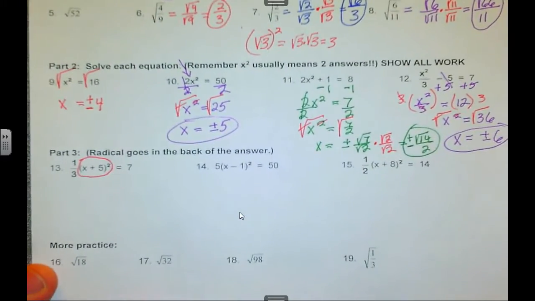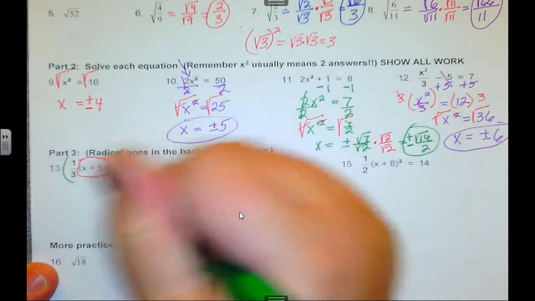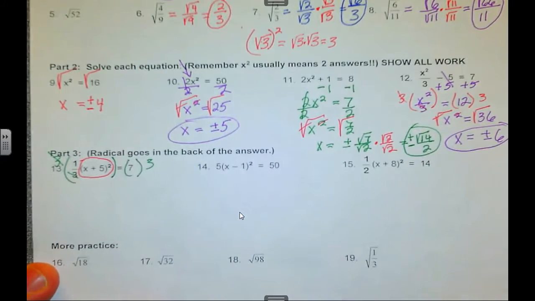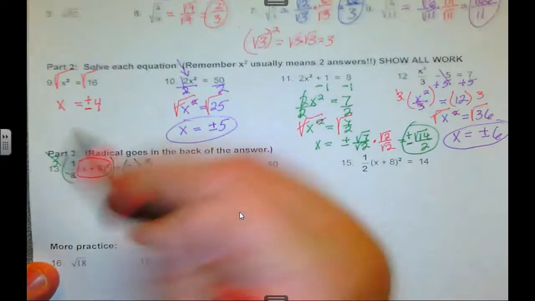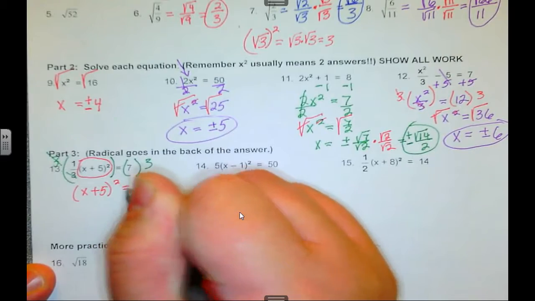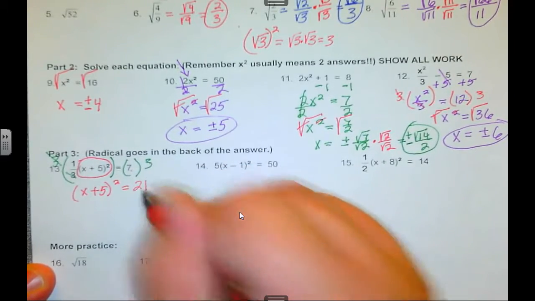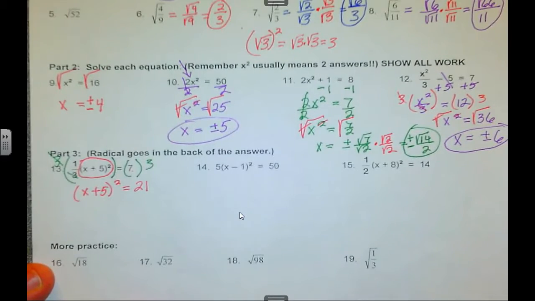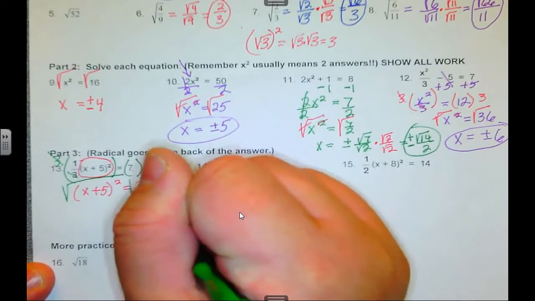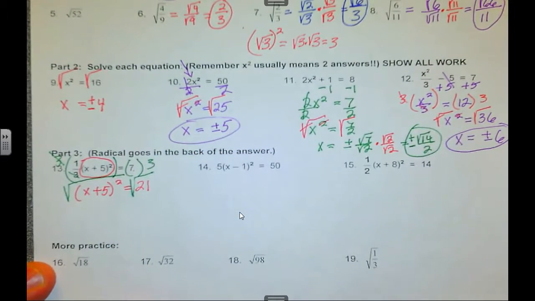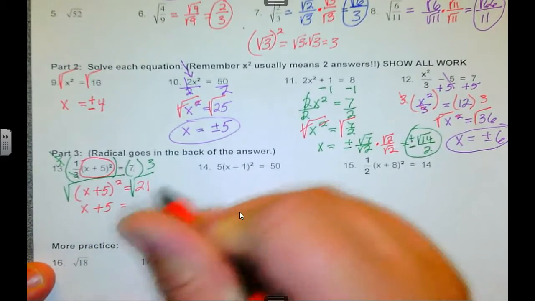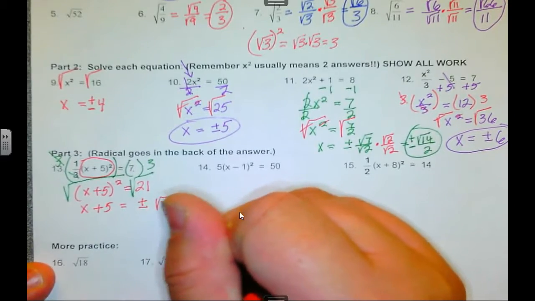So I'm going to multiply both sides by the denominator 3, so that my 3's cancel. 1 times x plus 5 squared is x plus 5 squared equals 7 times 3, which is 21. Now I take the square root of both sides. The square root cancels out the power 2. I get x plus 5 equals plus or minus the square root of 21.